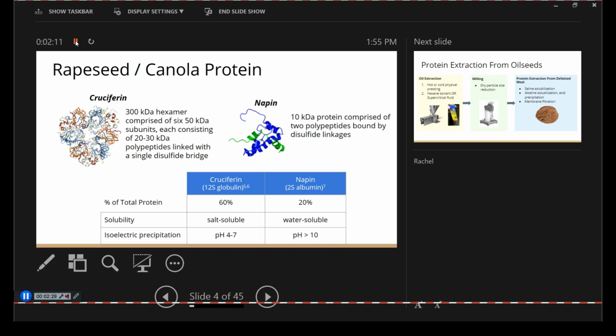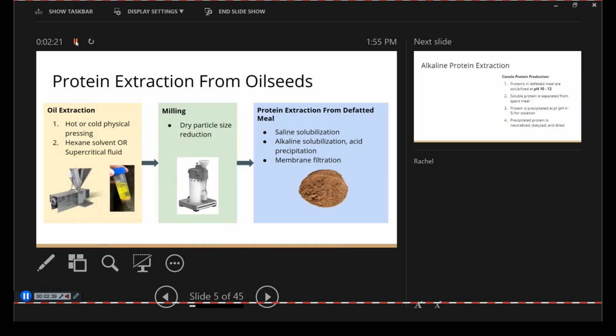And on the reverse side, cruciferin will precipitate at pH 4 to 7, whereas napin will precipitate at alkaline pHs around 10 or greater. To extract the protein from the oil seeds, the first method is to extract the oil, which is done with a physical means by a screw press, which is shown here in the box, or a hydraulic press under hot or cold conditions.